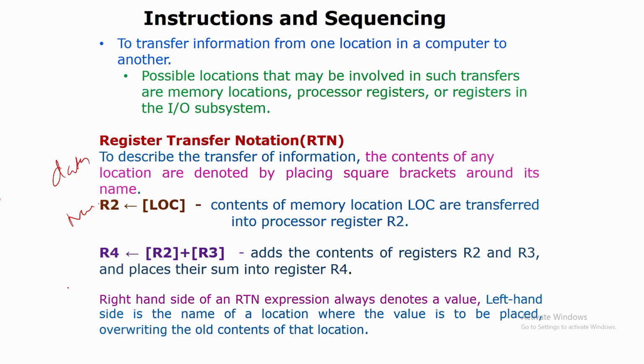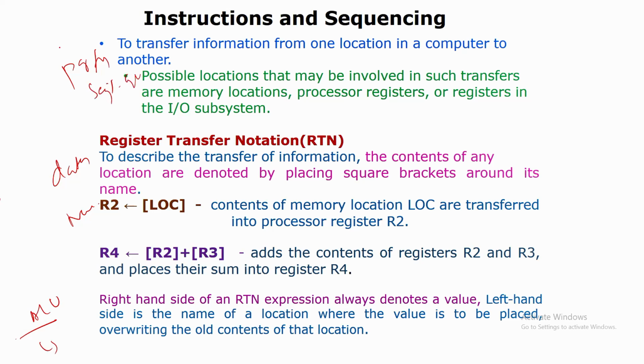The second category deals with arithmetic and logical operations, ALU operations. Here addition, subtraction, multiplication, comparison and boolean operations are processed. The third category is program sequencing and control.